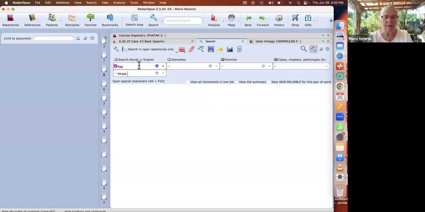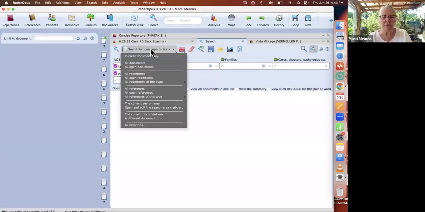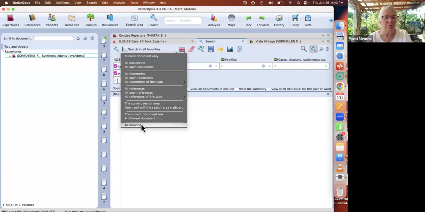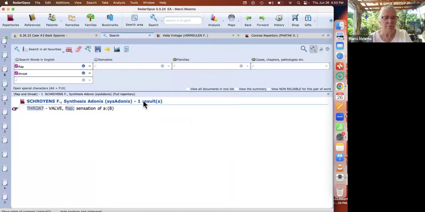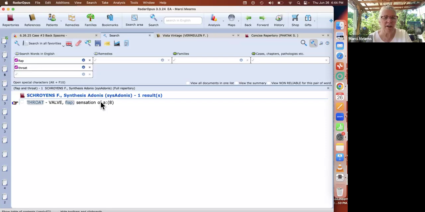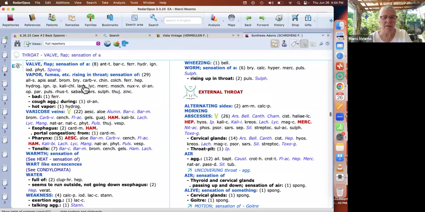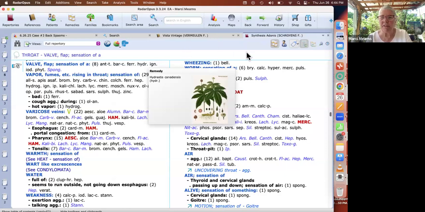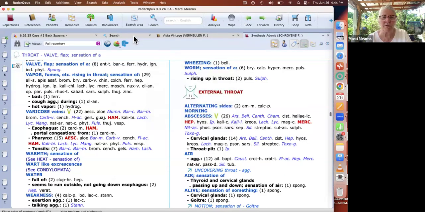And I'm probably going to search in all my favorites. Oh, sensation of a valve or a flap in the throat. Isn't that interesting? Too small to be of any use. I probably need to search in some other repertories.